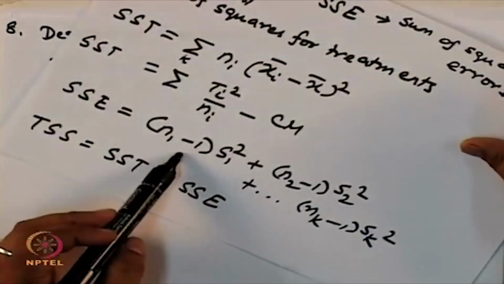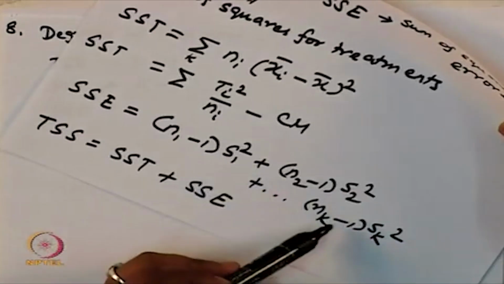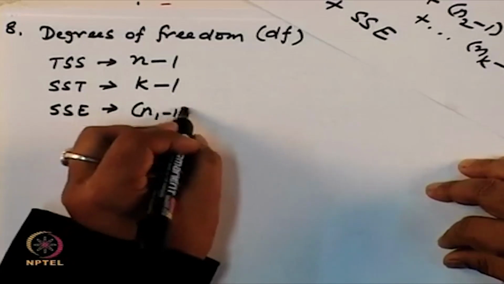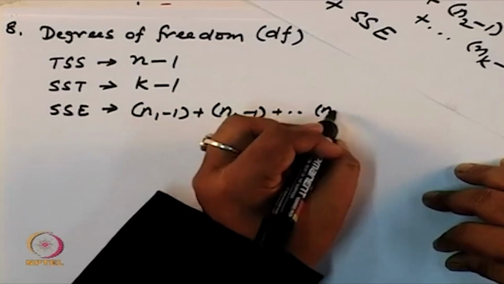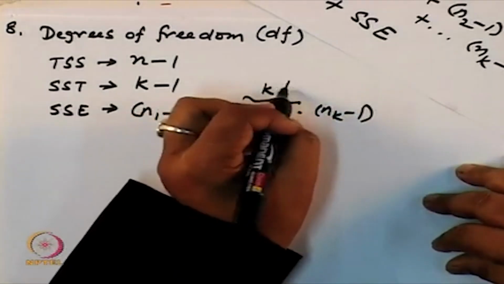And for the errors, SSE, you have (n1 minus 1) s1 square plus and so forth. So, your SSE has contributions of n1 minus 1 plus n2 minus 1 plus up to nk minus 1. Okay. So, this is k times.